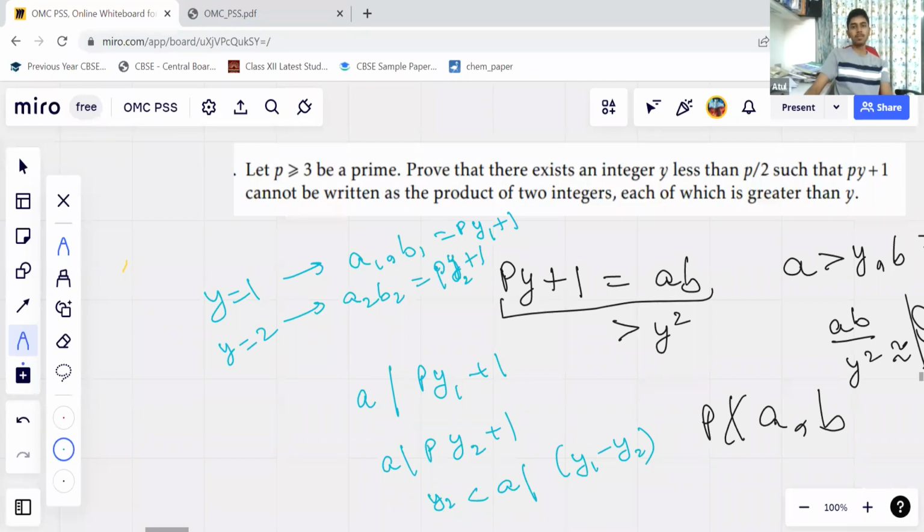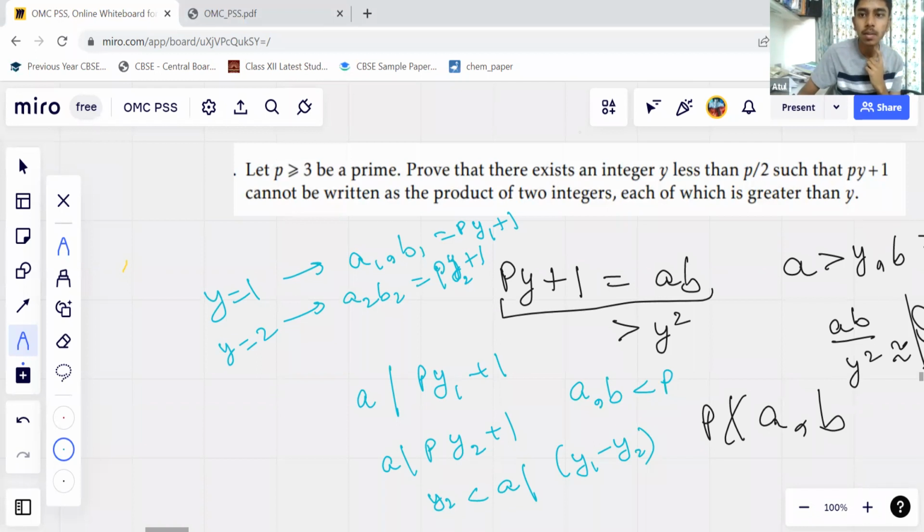It's interesting. A and B are less than p? Yes, A and B are both less than p, that is true.